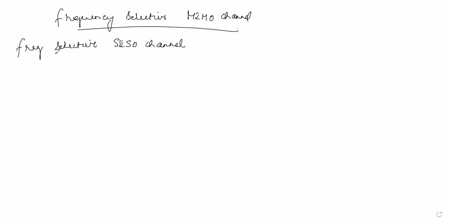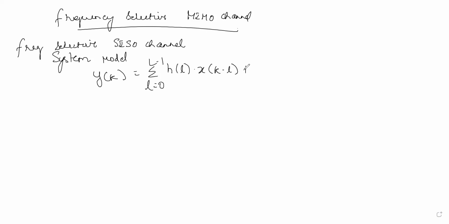The system model for the single input, single output channel is given as y of k equals summation l equals 0 to L minus 1, h of l, x of k minus l, plus n of k.